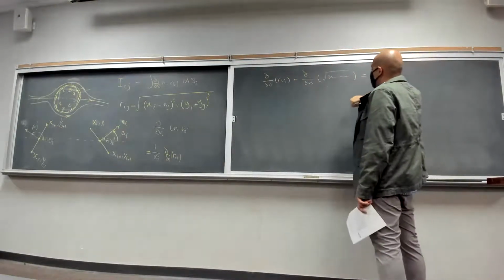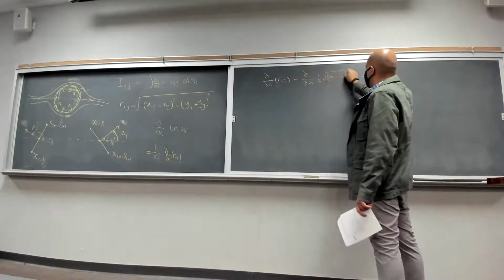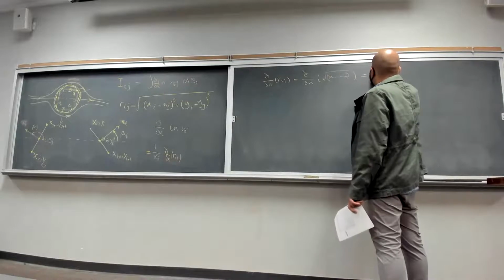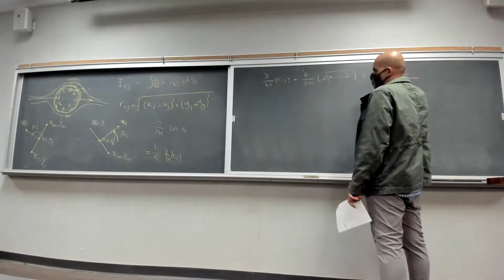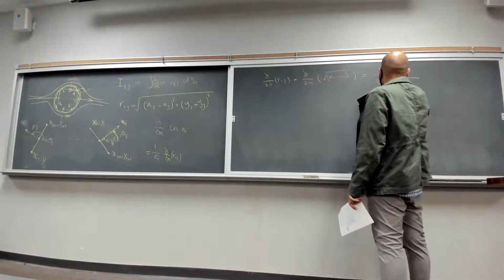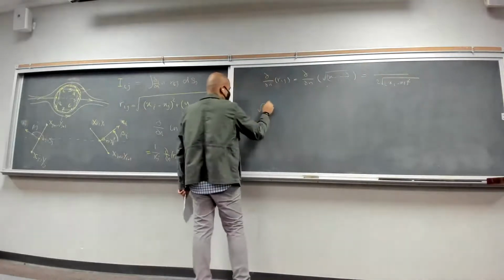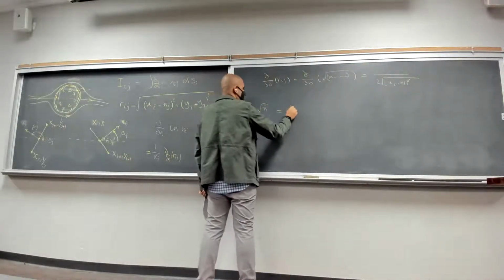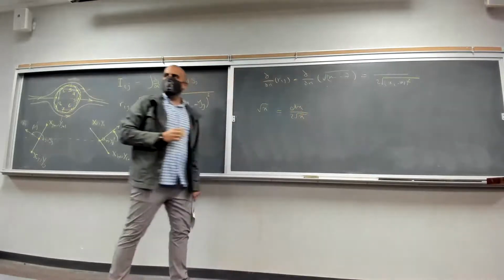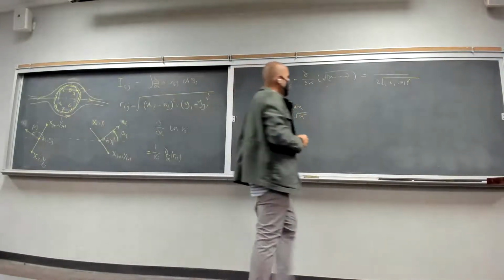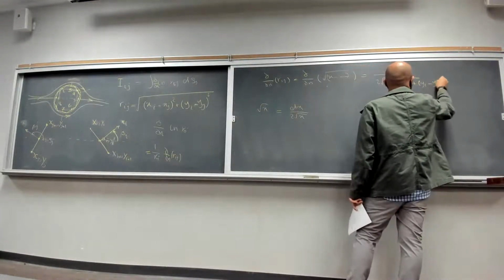It's going to be the derivative of whatever is inside the square root divided by 2 multiplied by that square root, right? You remember the derivative of a square root? Derivative of square root of x is dx divided by 2 square root of x, right? Plus yi minus yj.